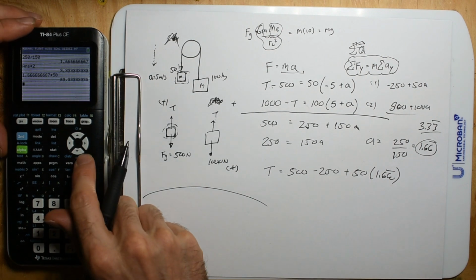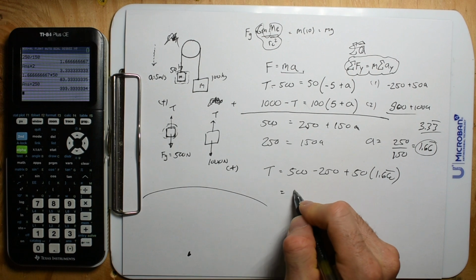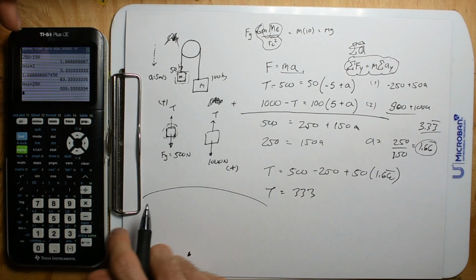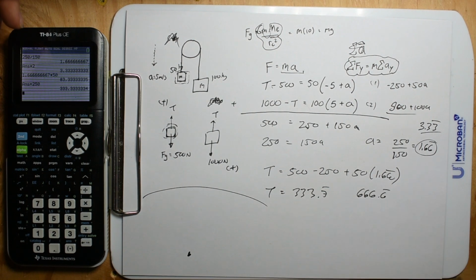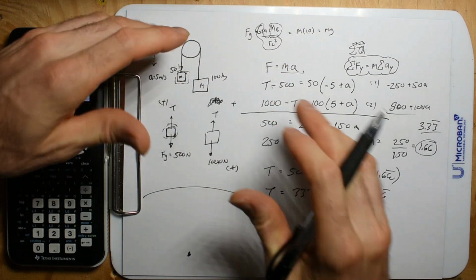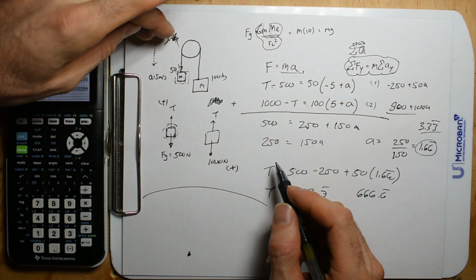And then we're going to add it to 250. So our tension here is 333, which is half of what it was, 666. But now it's less, and that's what we would expect.